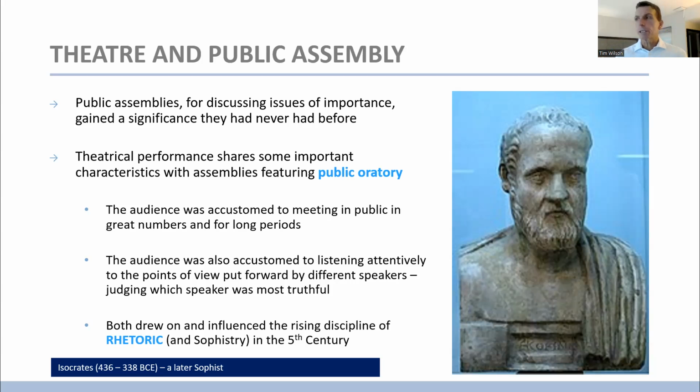So these are people teaching, sophists, or people teaching rhetoric, among other things, as a means to educate young men to be successful in political life. How can you effectively make the case? Now, of course, Plato was to criticize the sophists because for Plato, the sophists didn't care about truth.